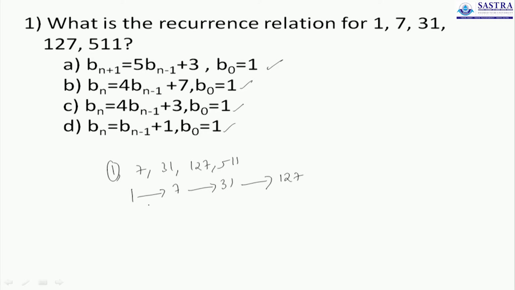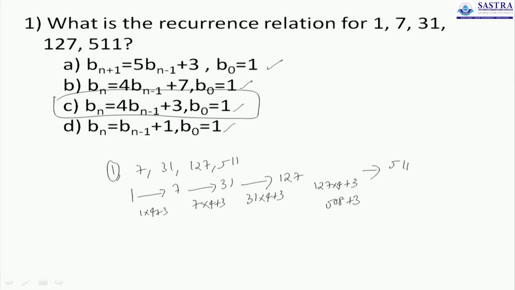So you will see that there is a pattern here. 7 is 1 into 4 plus 3, 31 is 7 into 4 plus 3, and 127 is 31 into 4 plus 3. The next number should be 127 into 4 plus 3. 127 times 4 is 508, plus 3 is 511. That matches, and you will have this as your answer.